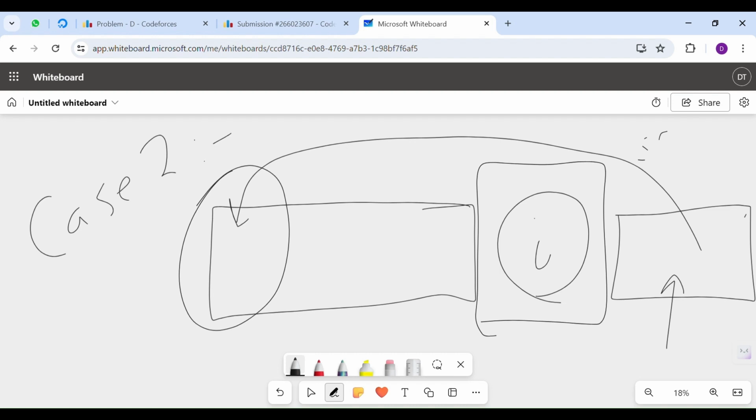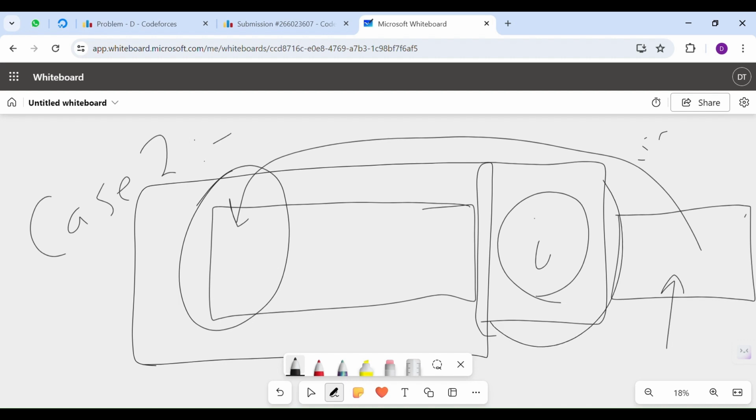So, the only choice you have is to remove all of the politicians to the left of it. If you remove all of the politicians to the left of it, that means now your politician is the first politician, and hence any politician you remove, all of their votes will go to your politician. Okay, so the second step: we removed all of the values to the left of it.